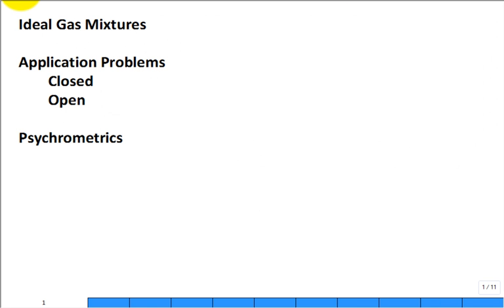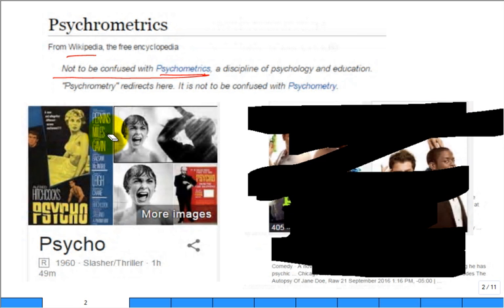And we're going to move over to now talk a little bit about psychrometrics. What is psychrometrics all about? Well, if you're like me, I use the dictionary to get the correct spelling, get a little understanding, and right away Wikipedia says something about not to be confused with the 1960 slasher thriller. I'm sure a few of you were thinking about that.